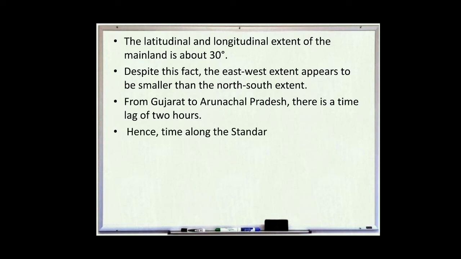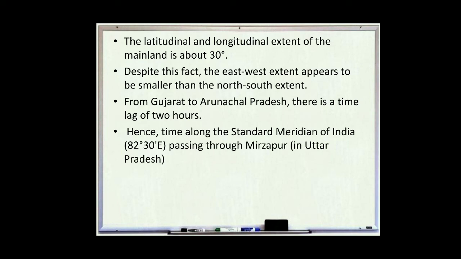Hence, the standard meridian of India, 82 degrees 30 minutes east, passing through Mirzapur in UP, is taken as the standard time for the entire country to avoid any confusion, because each meridian has its own time, each place has its own local time.